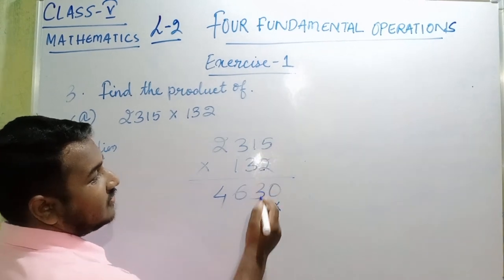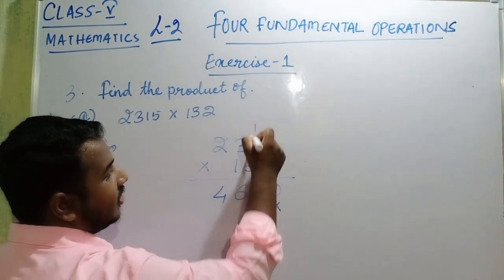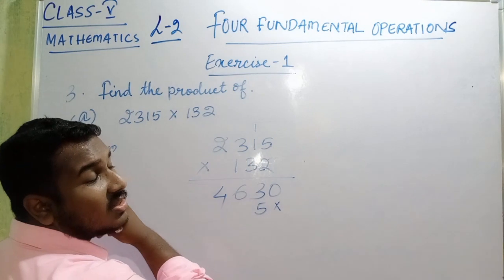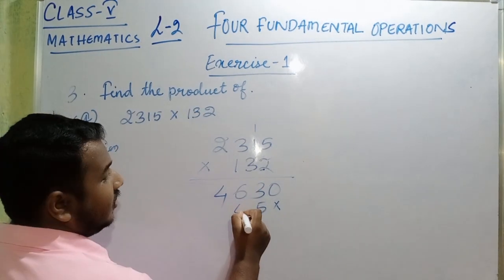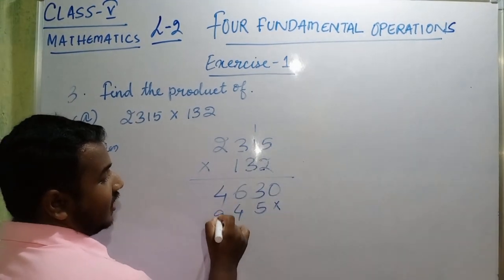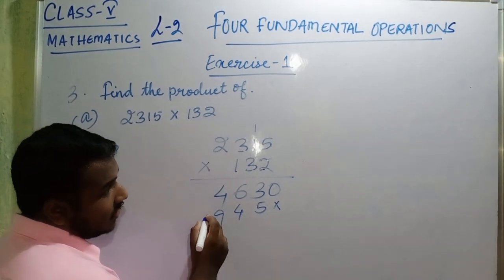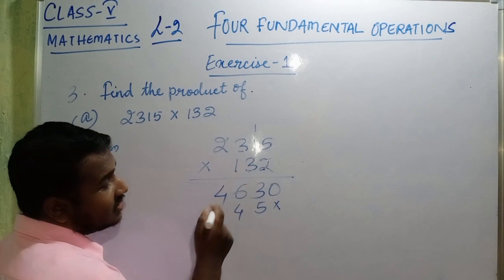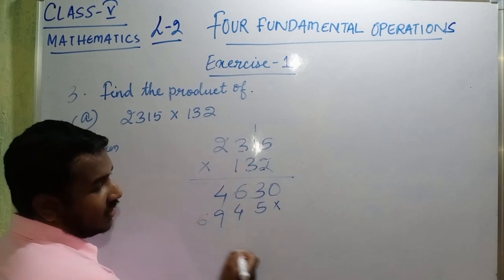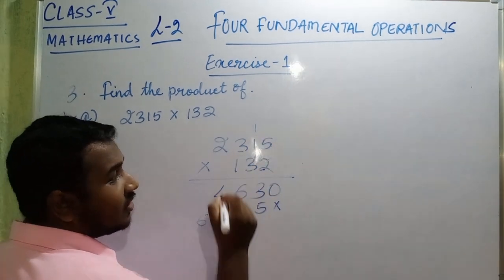Then 3 5s are 15, 5 carry 1, 3 1s are 3, 3 plus 1 becomes 4, 3 3s are 9, 3 2s are 6. Okay, now the 3 portion is also completed.